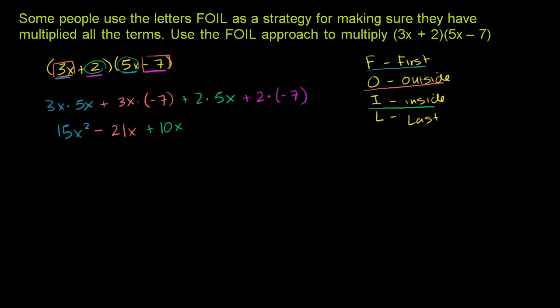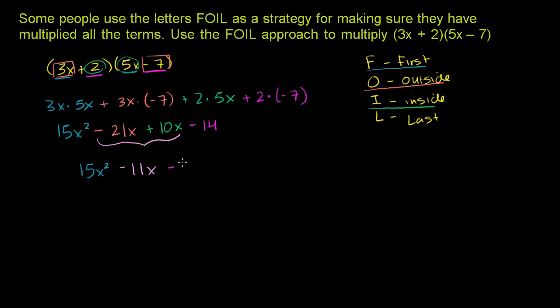And then 2 times negative 7 is negative 14, or now it's minus 14. And we can add these two middle terms together. If we have negative 21x and then we add 10x to that, that gives us negative 11x. And then these other terms, we have 15x squared minus 11x minus 14.